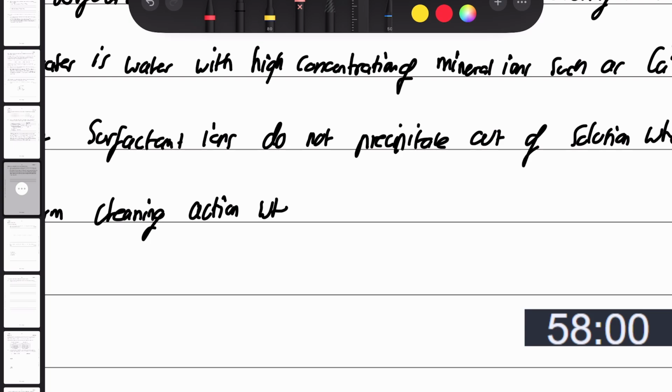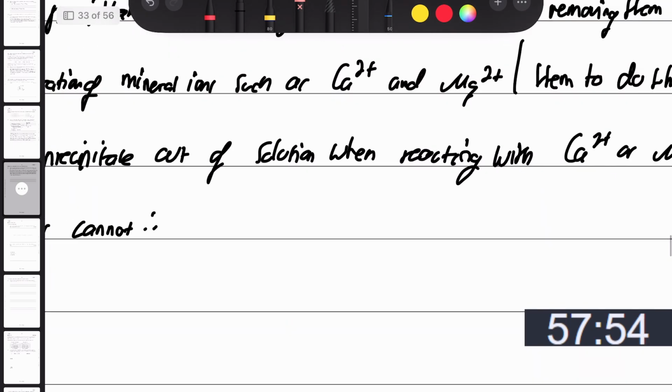Therefore detergents are more effective, soaps less effective.